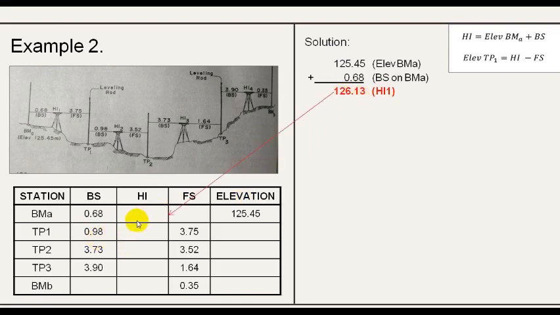Okay, ato siya fill in ang result. Then next, second formula. Elevation sa turning point 1 kay HI, which is equals to 126.13, minus sa atong foresight. Sa foresight reading sa turning point 1, which is equals to 3.75.